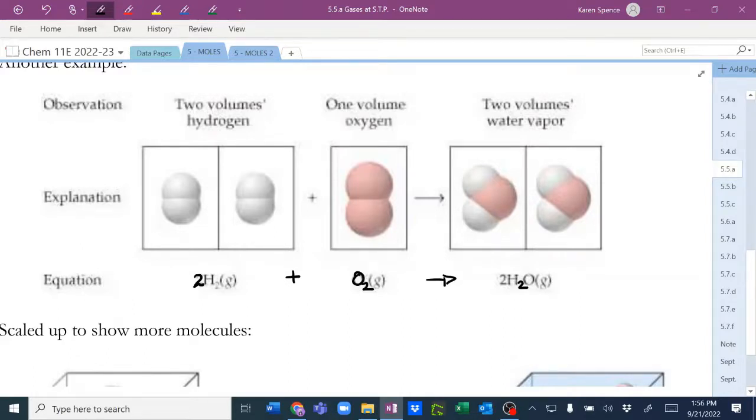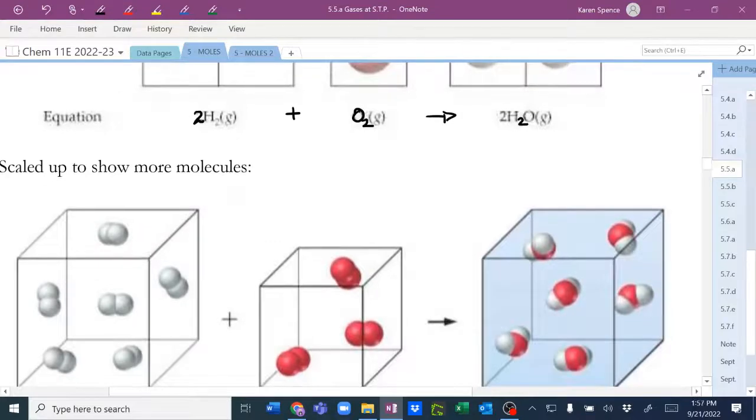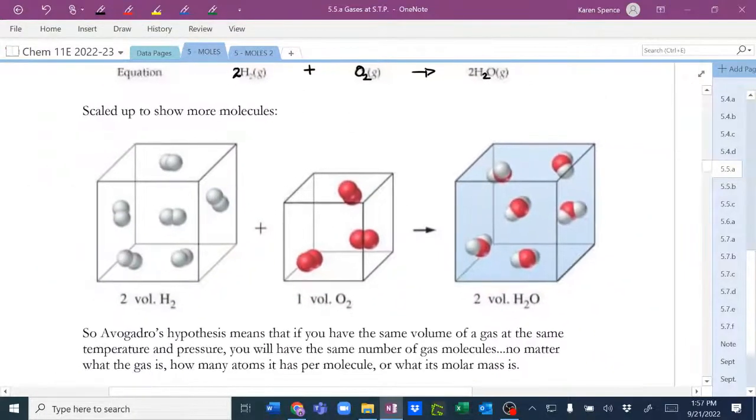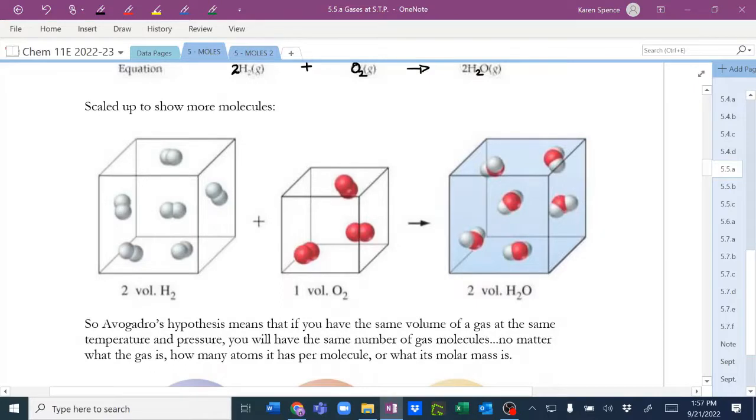Does that make sense? Because you're starting with 3 different particles, and you're ending with 2 particles. Here's more molecules, because like I said, I love particles, love diagrams. Okay, so you can see we have 1, 2, 3, 4, 5, 6 hydrogens, and we have 1, 2, 3 oxygen particles, and we end up with 1, 2, 3, 4, 5, 6 water molecules.